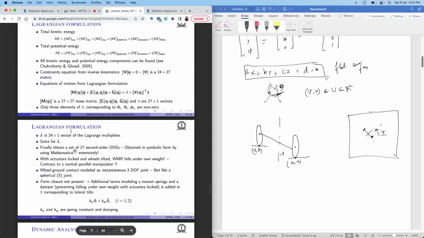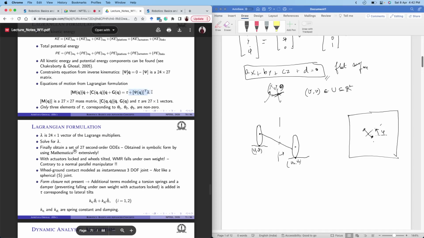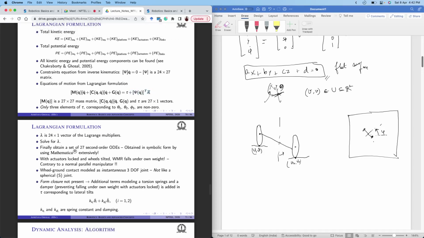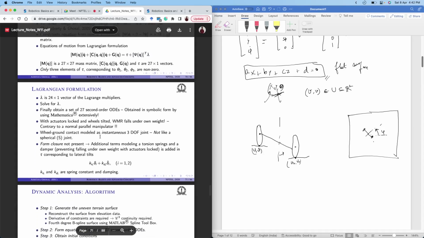The constraints come like this, and these Lagrange multipliers that are there with the constraints are essentially the constraint forces. These constraint forces can be used to model slip as well.